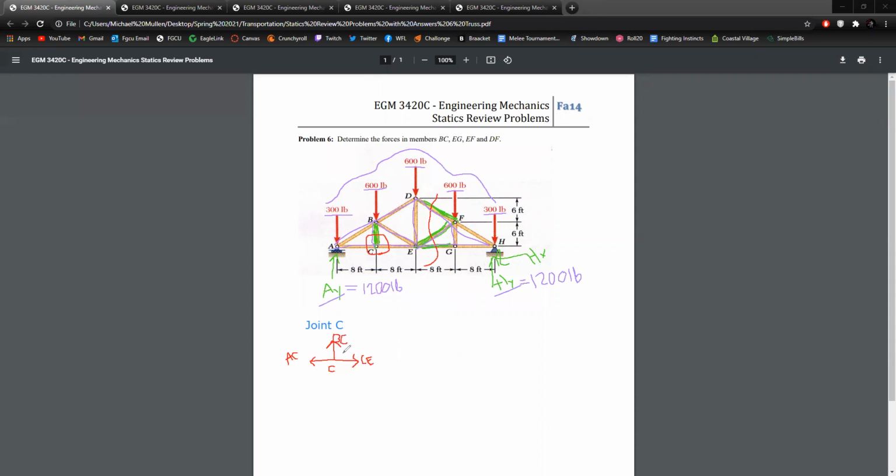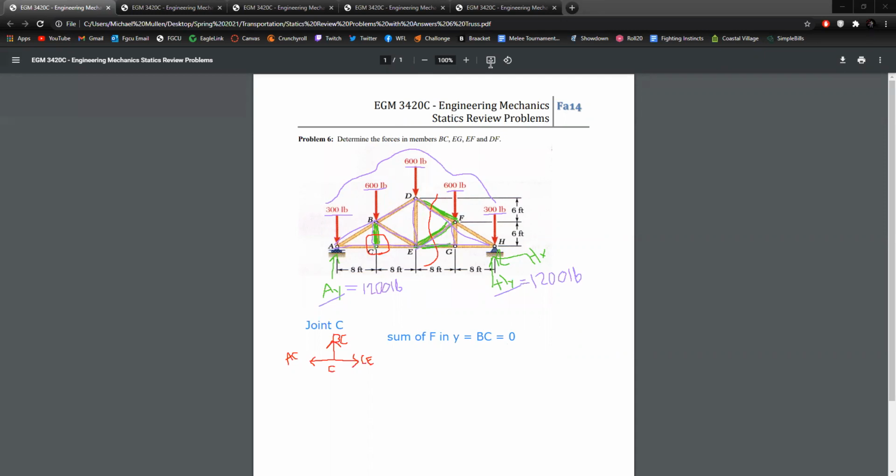And this is it. We have no applied loads at C, so we can go ahead and say, I don't have the character for it on my keyboard, so I'm just going to write sum of F in Y direction. It's going to be equal to BC. And that's it. There's nothing else in this direction. So BC is equal to 0. That makes BC a 0 force member.